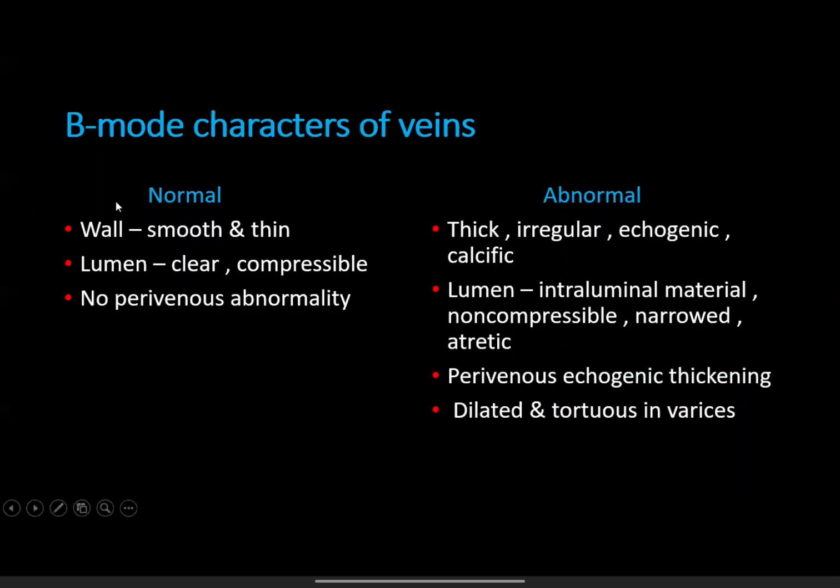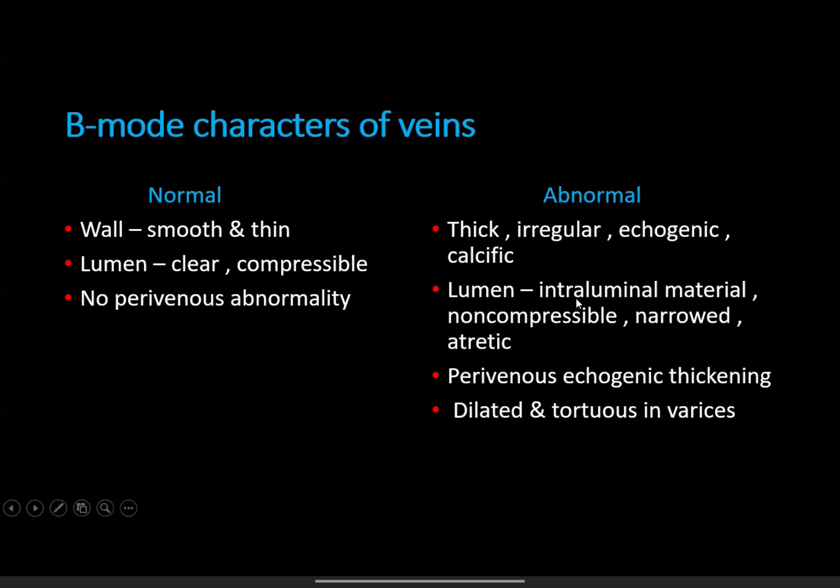So on B mode, we can see the wall, which is smooth and thin. The lumen is clear and compressible, with no perivenous abnormality. When there is any abnormality in the vein, there can be thickening or irregularity of the wall. There can be echogenic or calcific intraluminal content, or the wall can show calcifications. The lumen may show intraluminal material and it becomes non-compressible when it shows thrombosis.